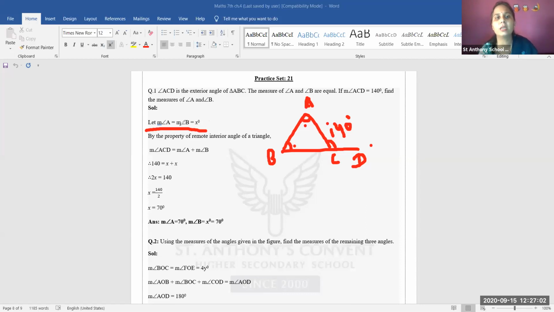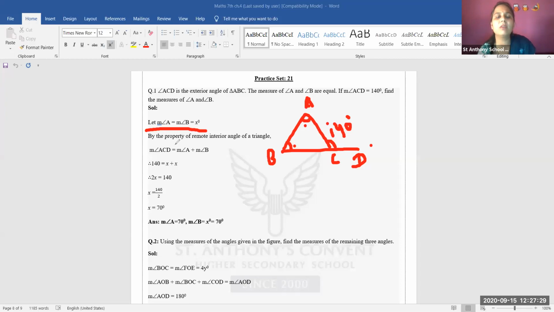Now, by the property of interior angles of a triangle, measure of angle ACD is equal to measure of angle A plus measure of angle B.